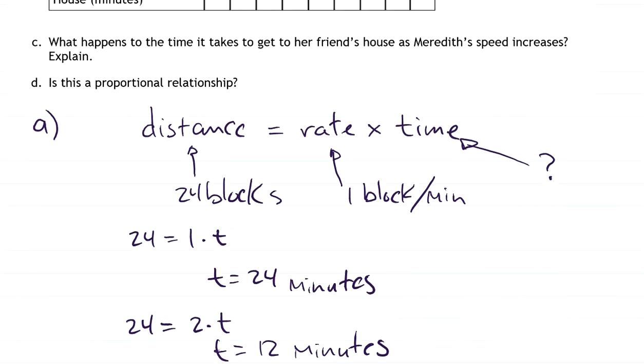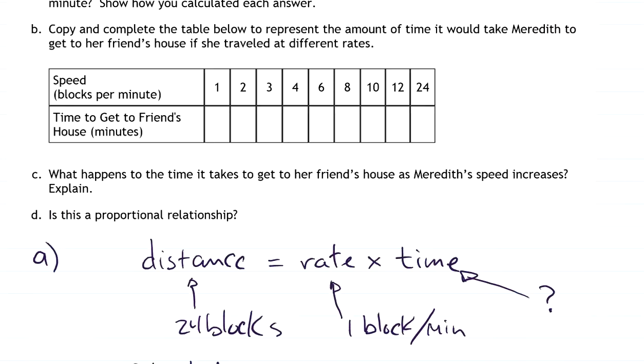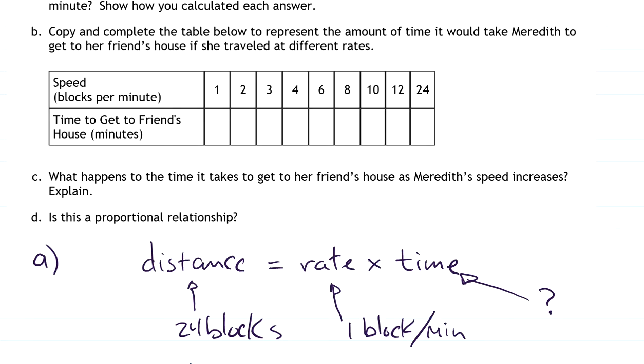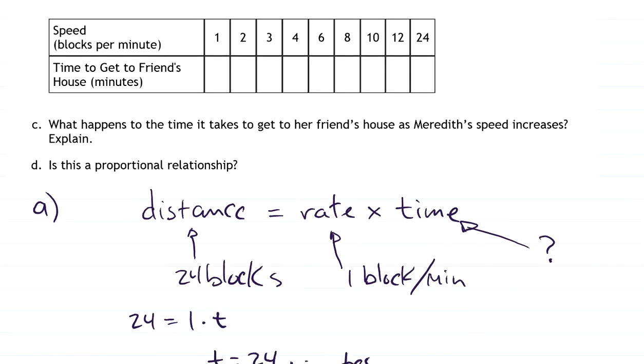Okay, for part B, it says copy and complete the table below. Represent the amount of time it would take Meredith to get to her friend's house if she traveled at the different rates given.